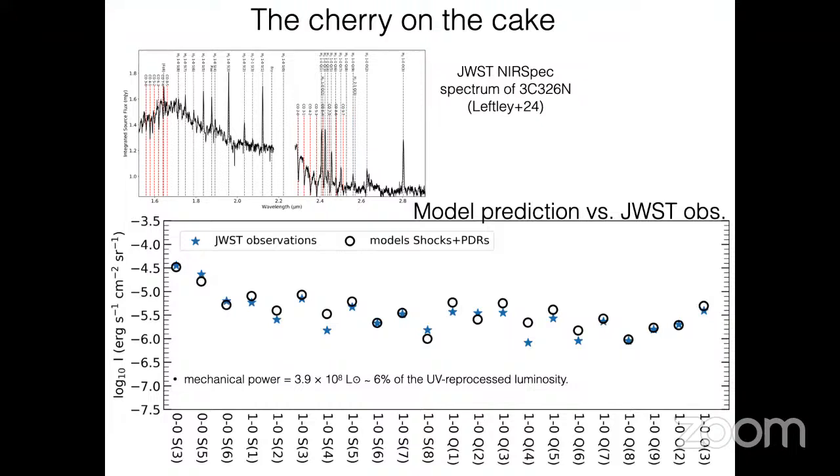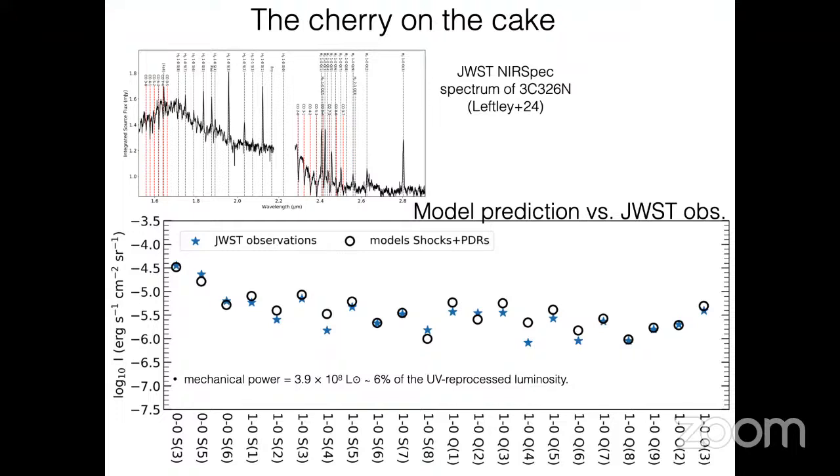You see here, this is not a fit, this is a prediction. There are quite few predictive models in astrophysics, and I think this is quite a success. The open circles are predictions from our modeling, and the stars are the James Webb observations. The error bars are less than the size of the symbol.